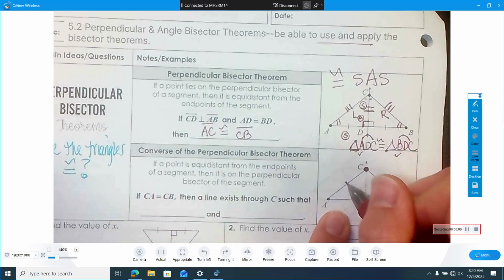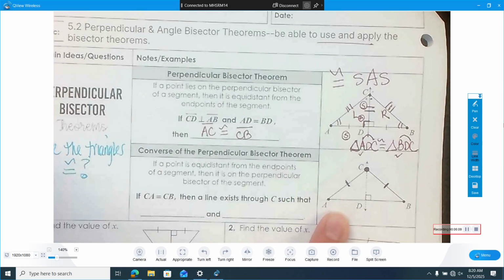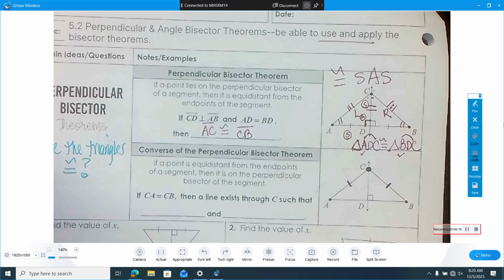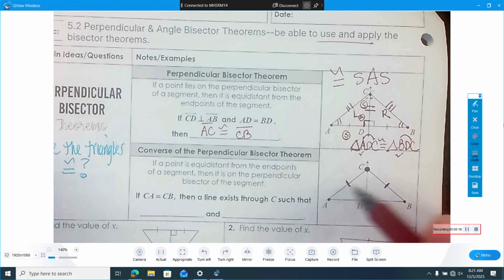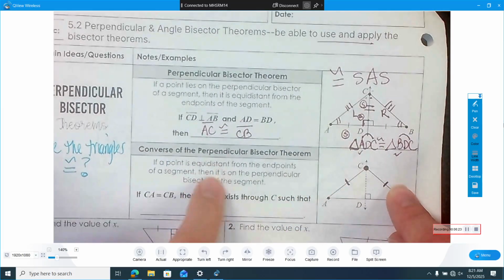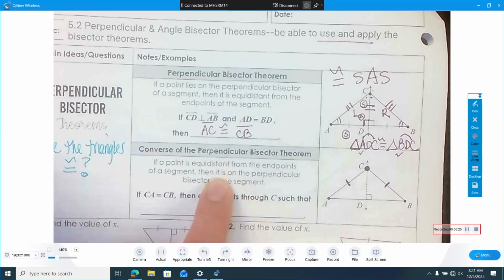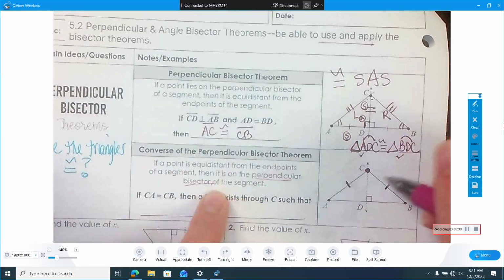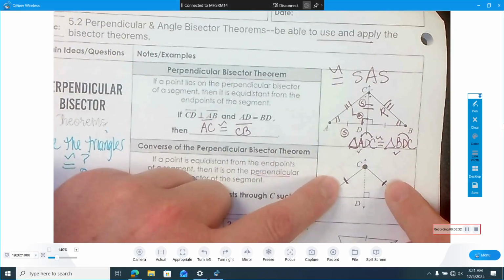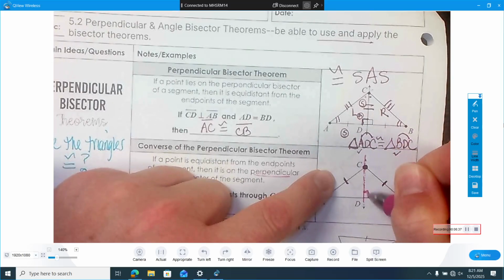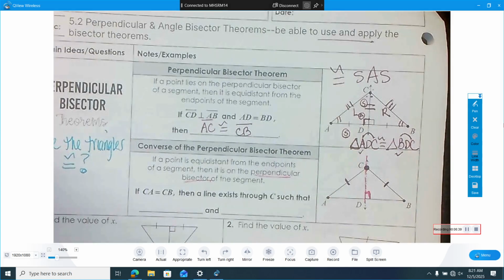So equidistant is referring to these two segments being the same distance away from that point C. So if those two legs happen to be congruent, then C happens to live on a perpendicular bisector of the segment. So if you have congruent legs, then that point C happens to be on a perpendicular bisector.